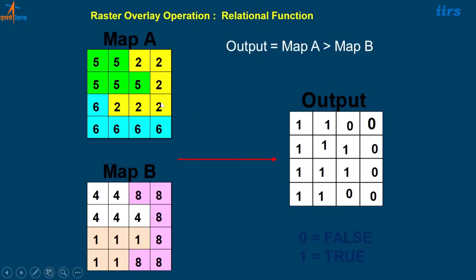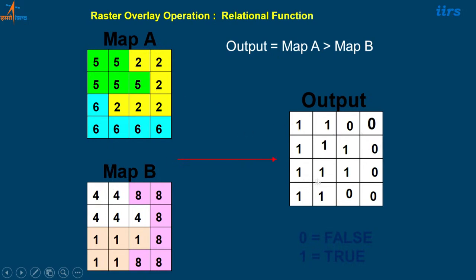How does it work, basically? Some more operations we can see here. For map A and map B, if we say the output is map A greater than map B, I am applying a relational function. It will check: if it is greater than, then it is 1; if not, then 0.